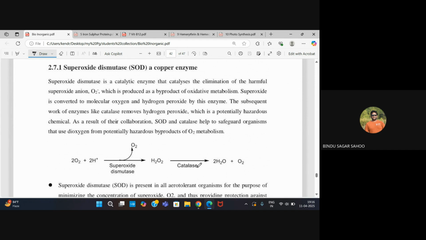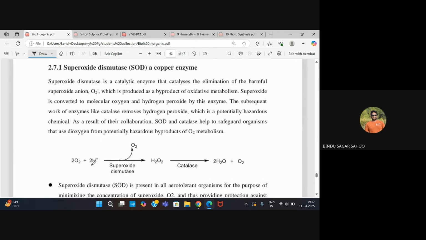In the previous step, we already discussed hydrogen peroxide getting converted to water and oxygen. This formation of hydrogen peroxide occurs in the presence of the superoxide dismutase enzyme. From the oxygen molecule and the proton, it can form an oxygen molecule along with hydrogen peroxide.